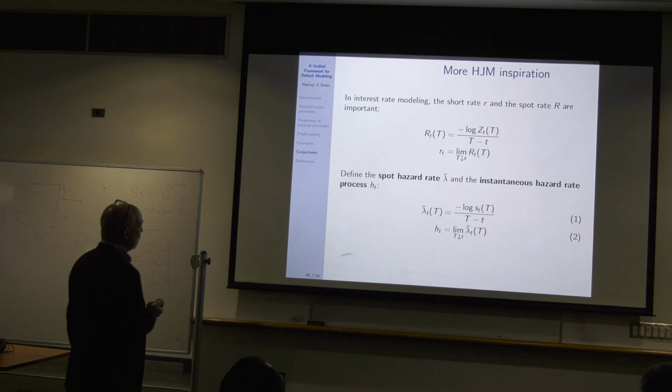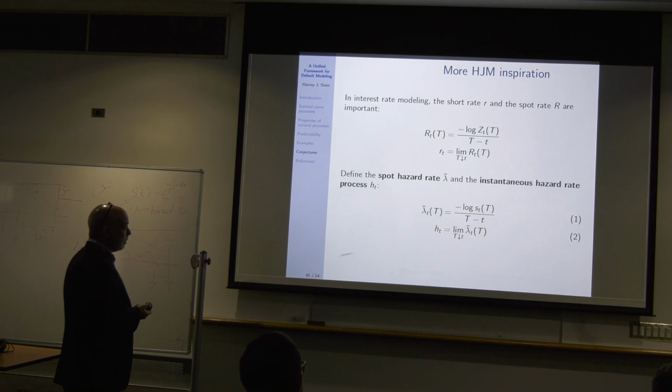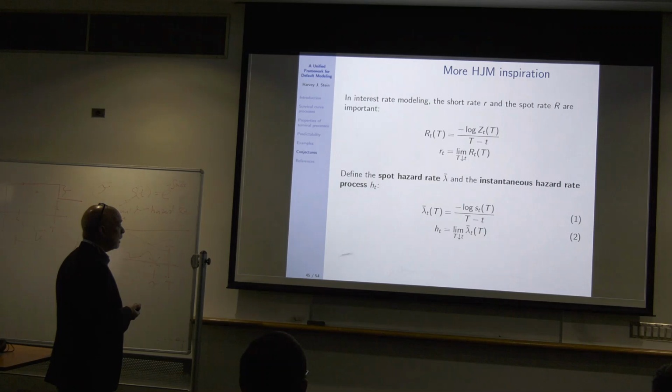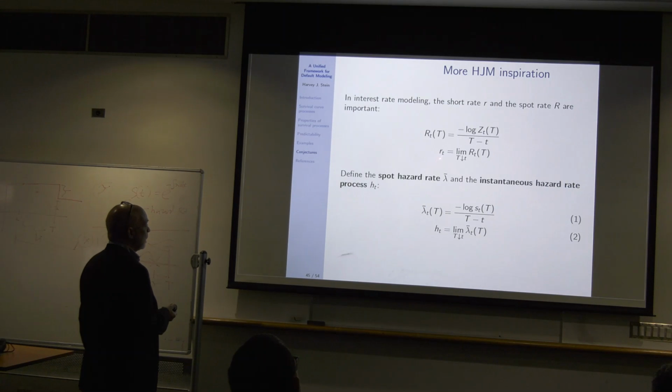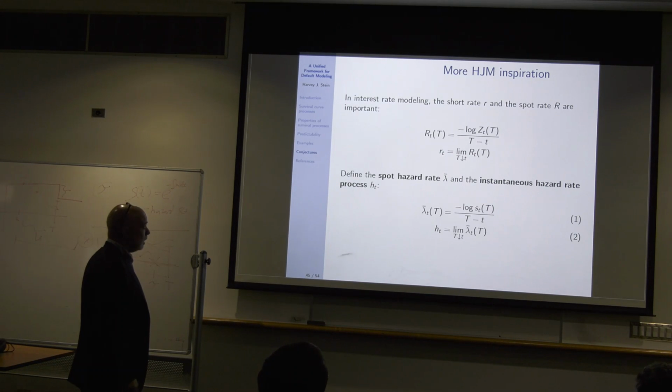Okay, a little bit more. In interest rate modeling, you usually talk about the spot rate, minus log of the zero coupon bond price divided by the remaining time. And the spot rate, or the instantaneous short rate, is the limit of the spot rate as time goes to 0.